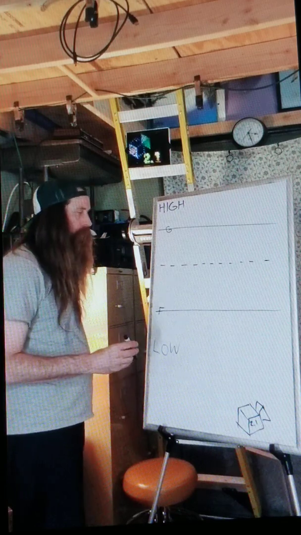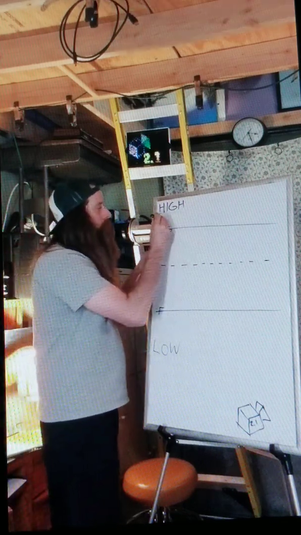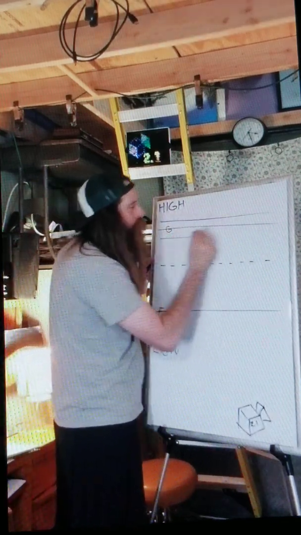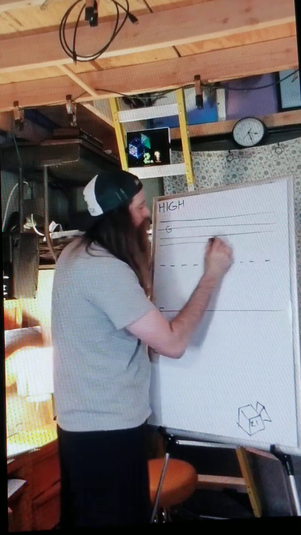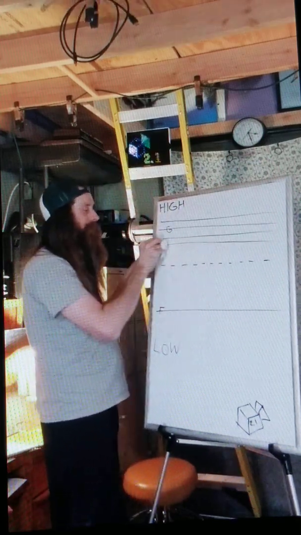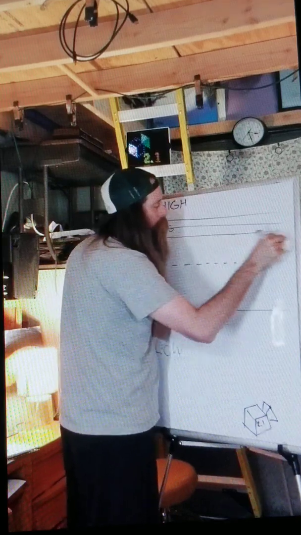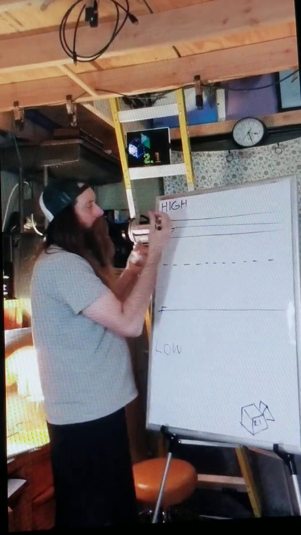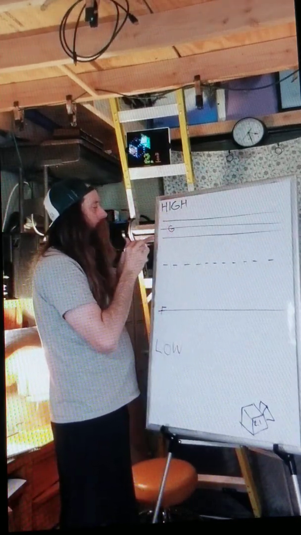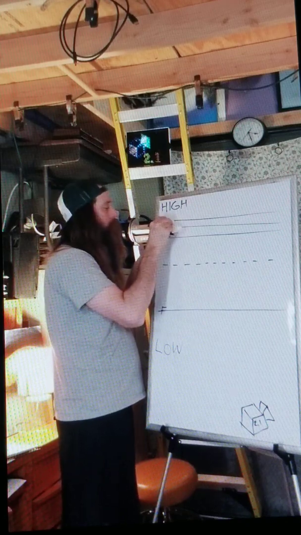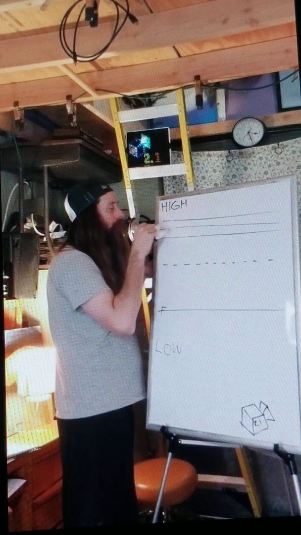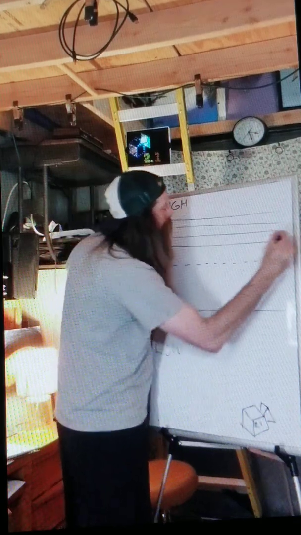Alright, so moving on. Music has a measuring system that we use. This is not it. I should have left part of it. Here's what we're going to do, in fact. Bear with me now.